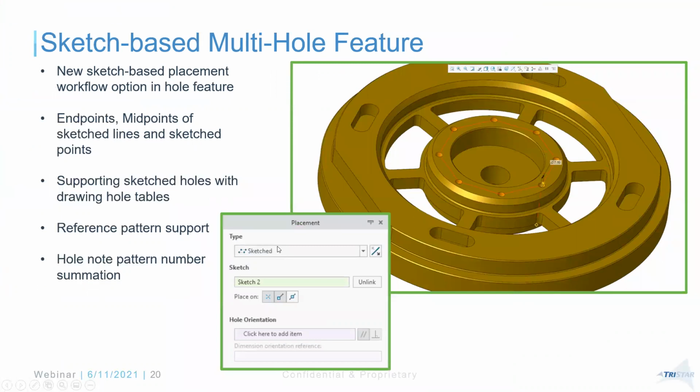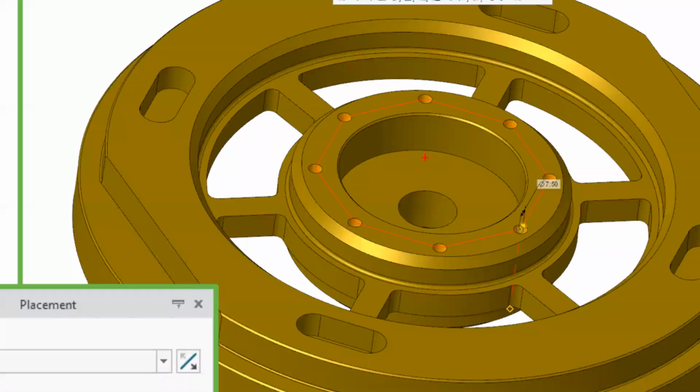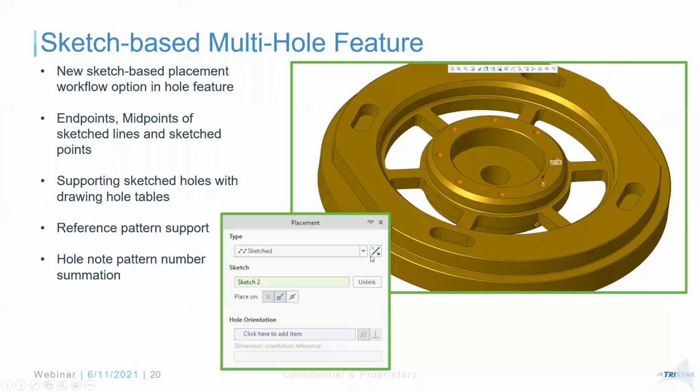A very, very long requested customer enhancement, I would say, especially from other CAD systems. I've seen many customers request this. So finally, when you do your sketch, there are ways to either place the hole automatically on points that are in the sketch, your sketched points, or it could be midpoints, or along the vertices. So there are a couple of options there.